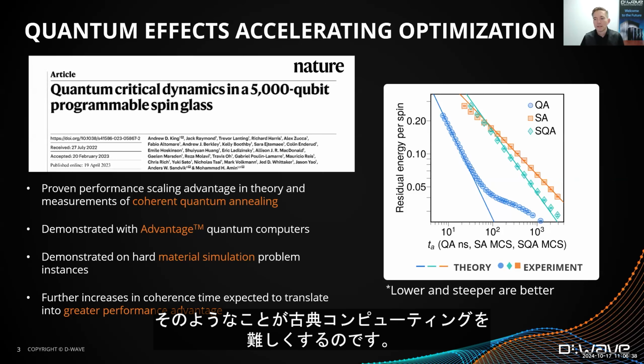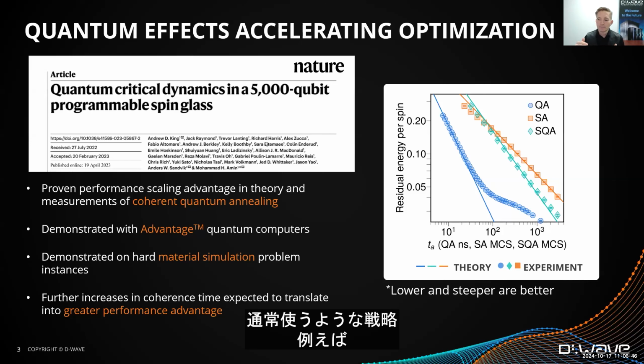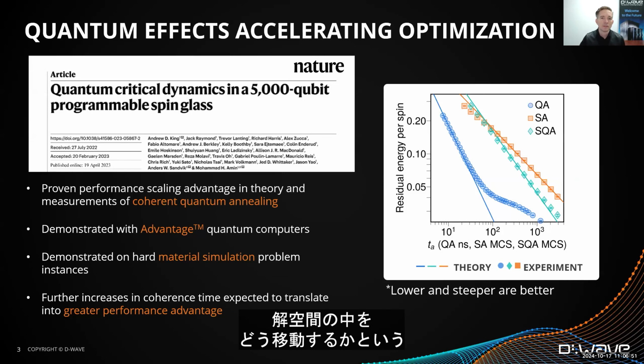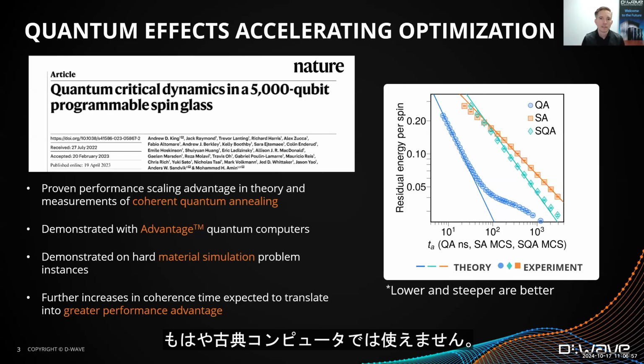Those types of things make it difficult for classical computing. And in those difficult problems, some of the strategies that a classical computer might ordinarily use, like looking for the steepest downhill slope and then using that slope to give it some sense of direction and how to make a move through the solution space, they're not available to classical computers anymore.